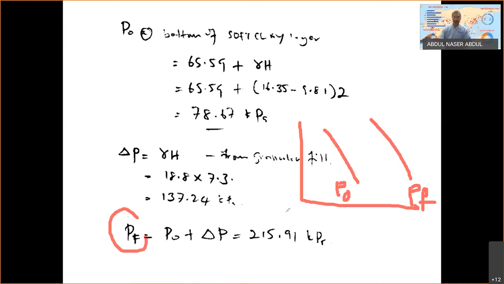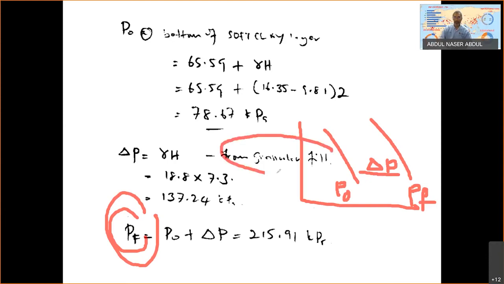Right? So this PF here is actually the P naught here plus delta P. Delta P is the additional load from the fill, which is gamma H. The fill has a certain height, and we know the density of the fill.